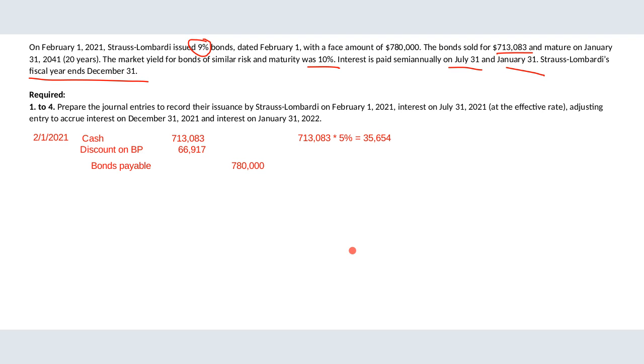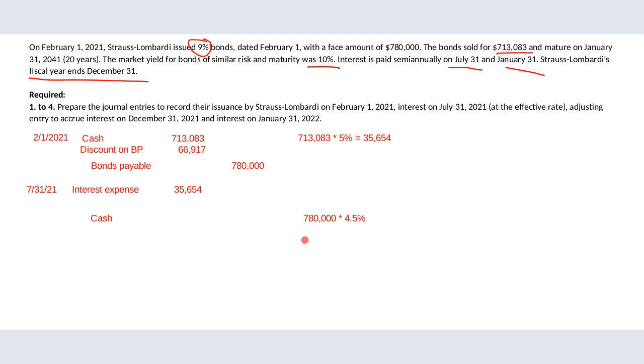So interest expense 35,654, credit cash. The cash, remember, is going to be 780,000 multiplied by 4.5%. Did someone concur?